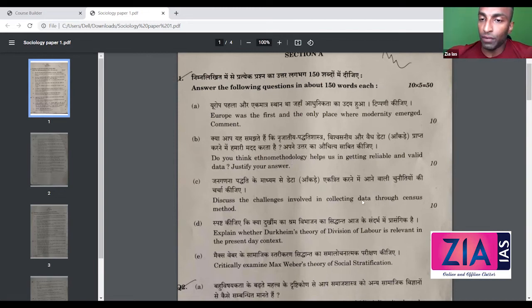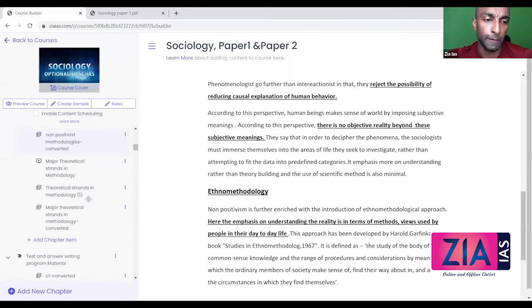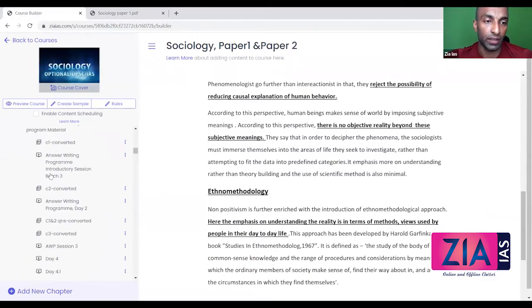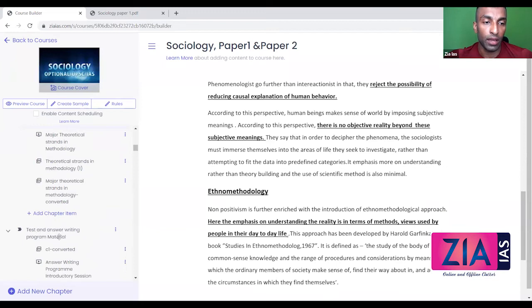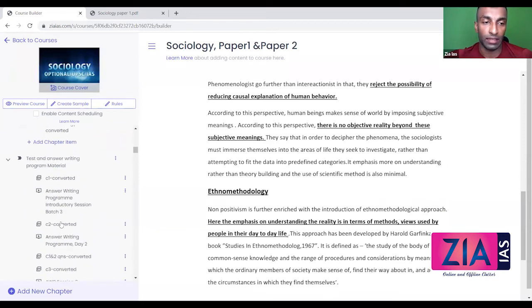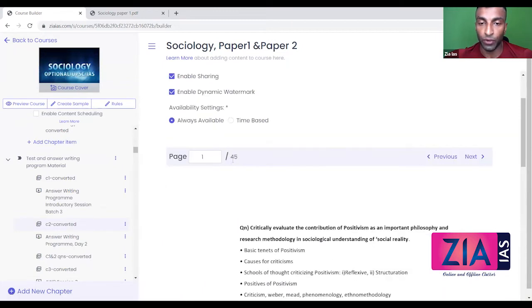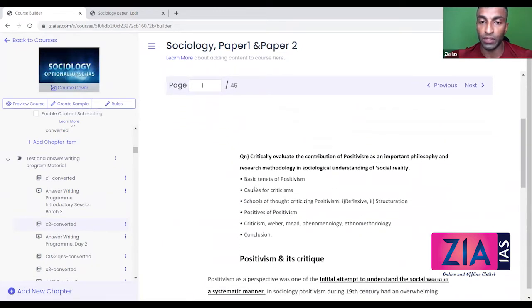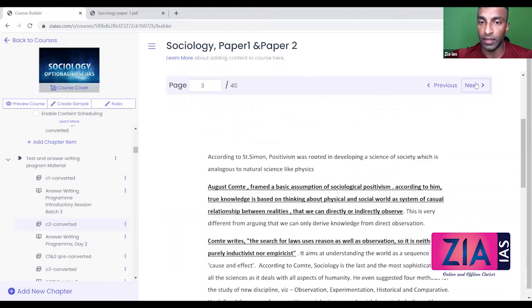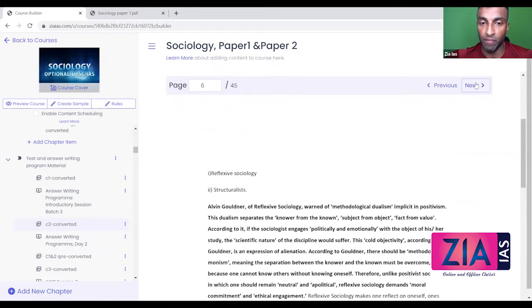Discuss the challenges involved in collecting data through census method. You can discuss that directly here. In fact, I've covered that in this answer writing module. This module I've given guys everything. If you see C2, here again another 42 pages. So this topic and the data collection and everything is coming here.